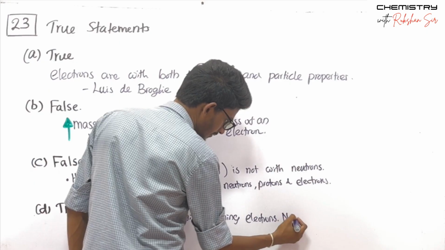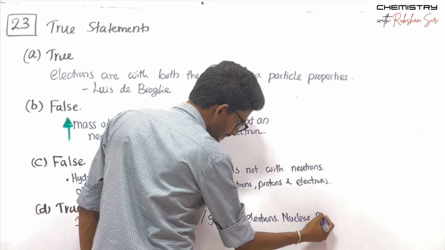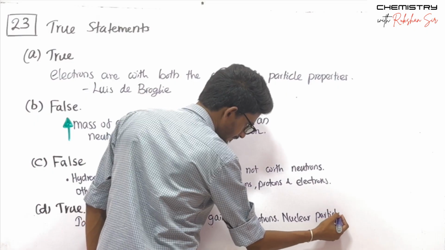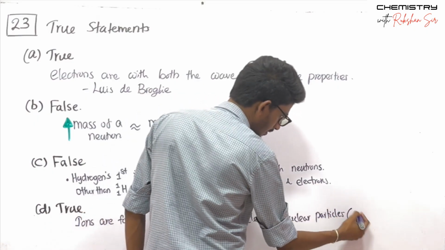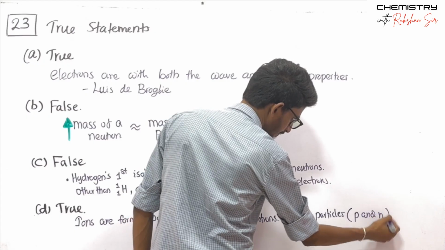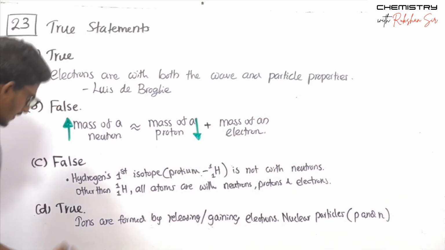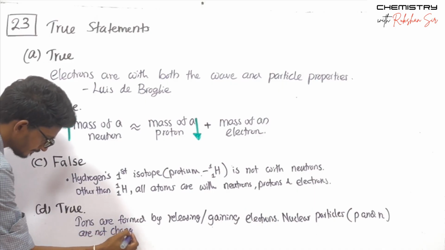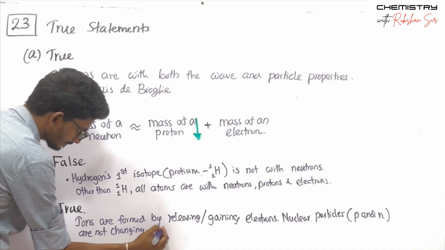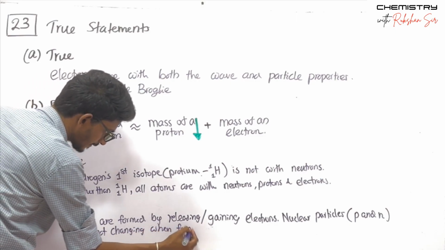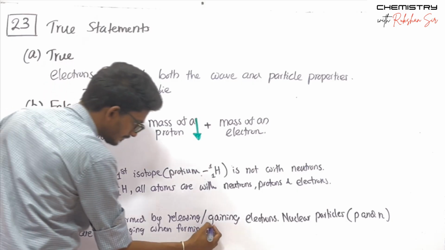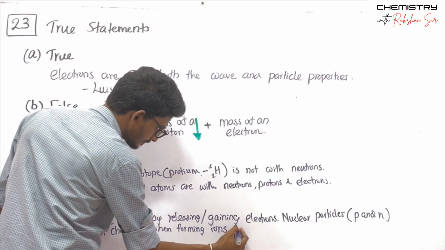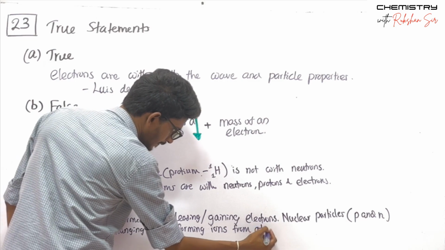Nuclear particles, that means protons and neutrons, are not changing when forming ions from atoms.